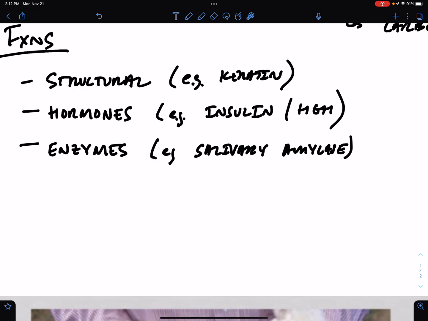It speeds up a reaction without being consumed in that reaction. They make life possible, enzymes do, because they take reactions that are going to happen really slowly and they speed them up to such a rate that life can proceed. Salivary amylase is an example of one enzyme. The function that it plays is it's secreted in your saliva and it breaks down starch into glucose monomers.